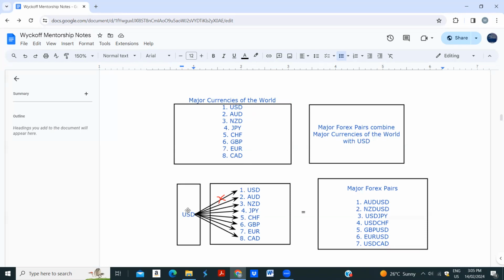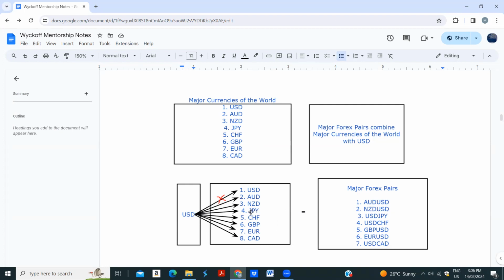For example, we have a US dollar here, and we have the 8 major currencies of the world. So we combine US dollar with US dollar. A combination of US dollar and US dollar is not possible, so we will discard it. Now we combine USD and AUD, so AUD combined with US dollar will become Australian dollar and US dollar. Similarly, New Zealand dollar combined with US dollar will become New Zealand dollar and US dollar.